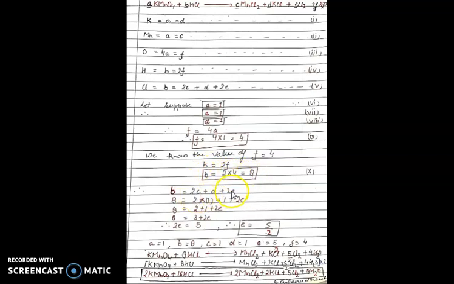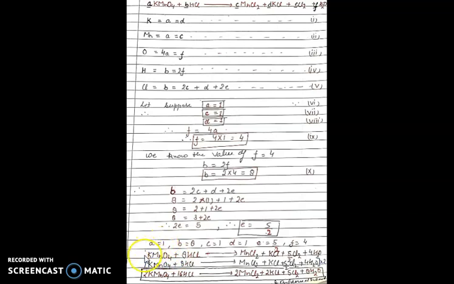After that, we will take out the value of E. In order to find the value of E, we put the values of all the letter coefficients in equation 5, and after solving this we get the value of E, that is 5 upon 2. Now in place of all the coefficients in the chemical reaction, we put their values.